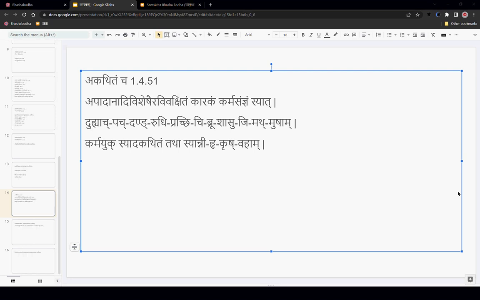Then next one is shasu. Here shasu dhatu. Meaning what? Shasu dhatu. Shasti iti rupam, latlakara. Mahodaya, can we say something like aham mitram sanskritam vadami?